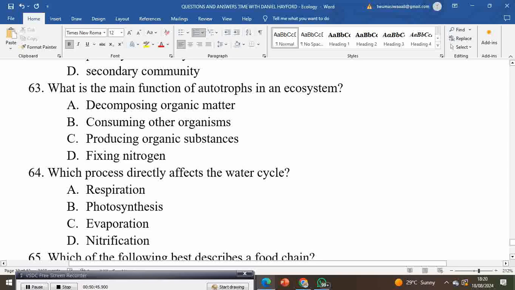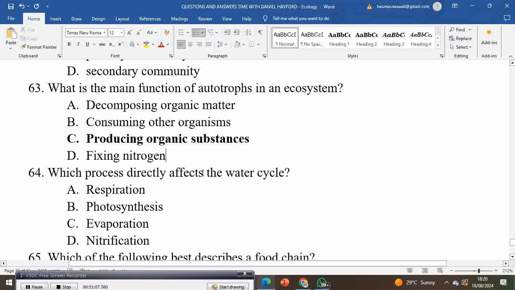A, decomposing organic matter. B, consuming other organisms. C, producing organic substances. And then D, fixing nitrogen. So you know autotrophs, their main function is production of organic substances. So producing organic substances would be your best answer.